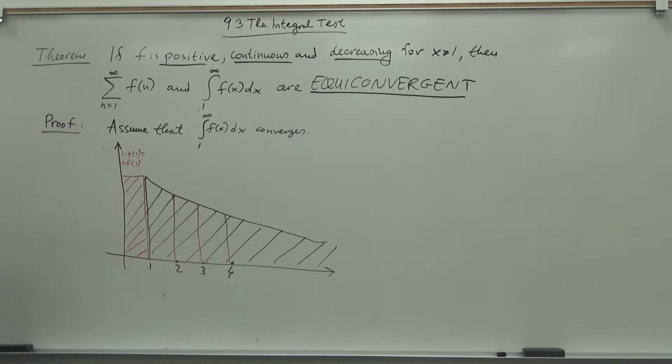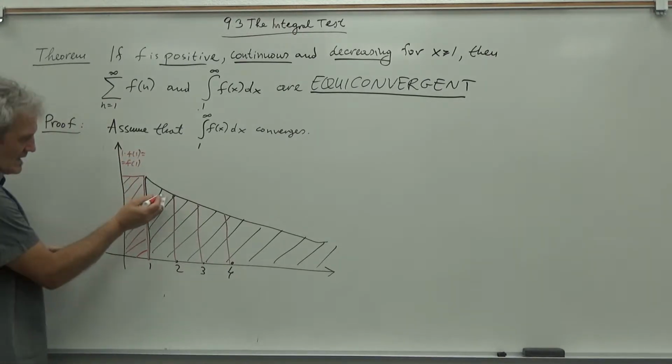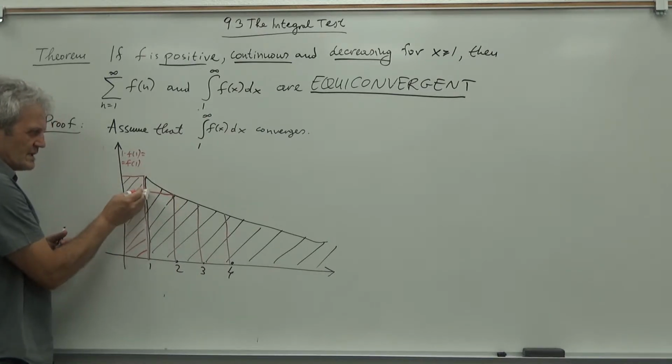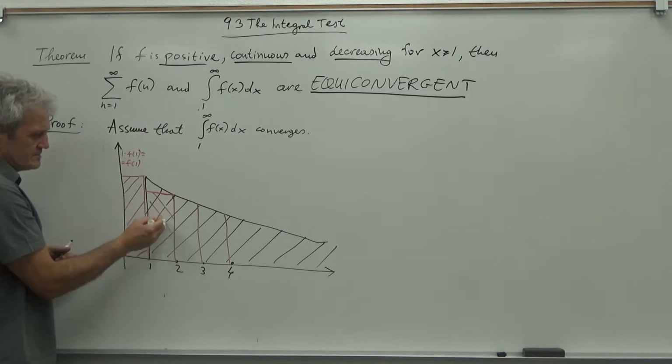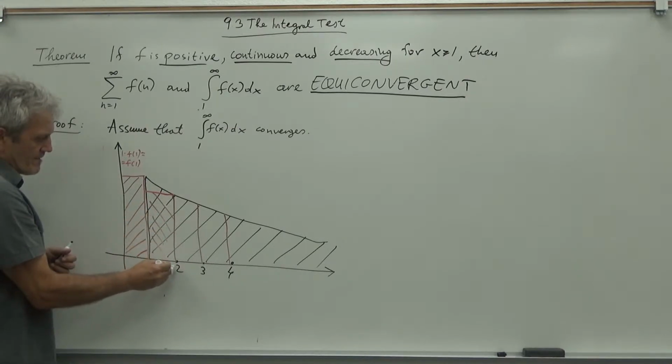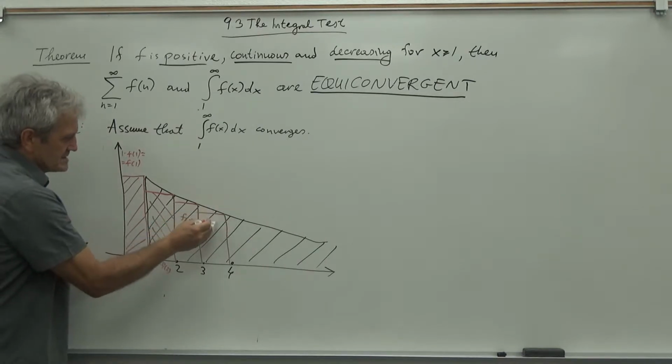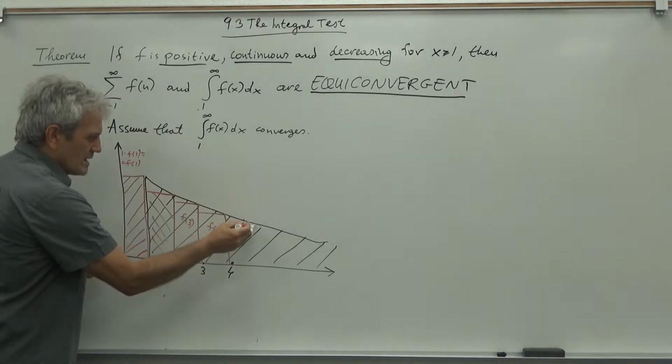So the area of this rectangle is f of 1. The same way, but stretching to the left, this is area f of 2. This is area f of 3. This is the area f of 4, and so on.